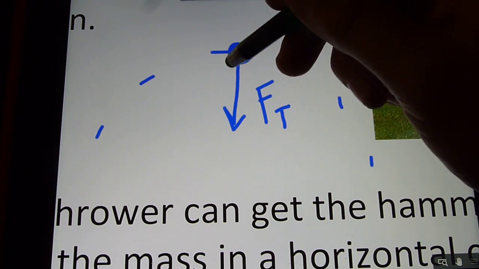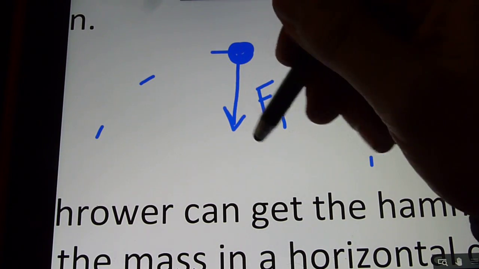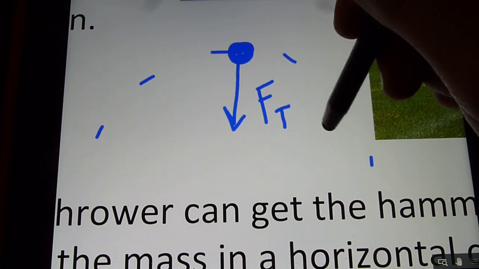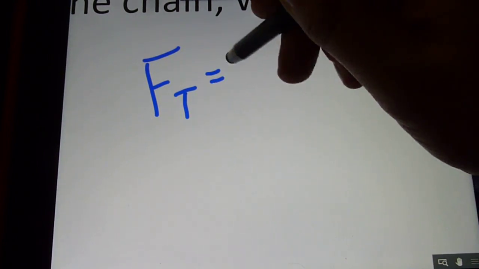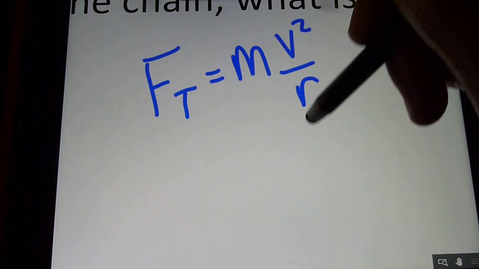We will again choose positive x to be in the direction towards the center of the circle, which means my tension force is positive, and I can apply Newton's laws thusly. My tension force is equal to mass times my centripetal acceleration, v squared over r.